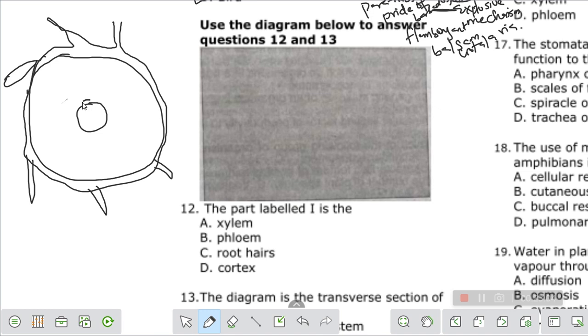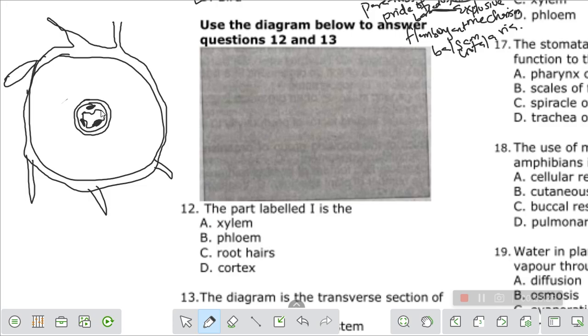I just try to sketch it. So now they ask us, what is this place? That's what they ask us. This place also is there. It's not really like this, but I just try to sketch it.